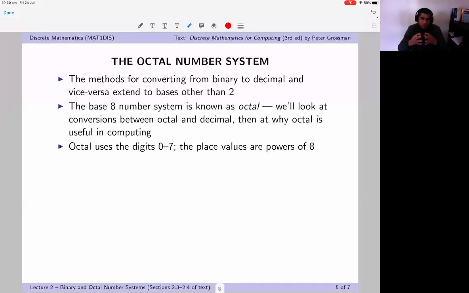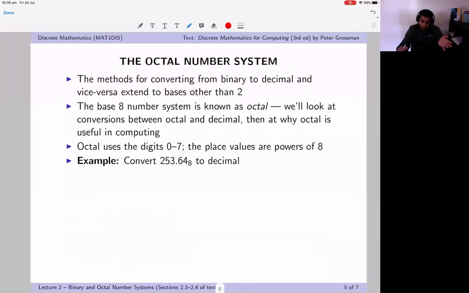So what is octal? Octal uses the digits 0, 1, 2, 3, 4, 5, 6, 7. That's it, right? 7 will become 0 again, so you are not allowed to go further than that. Just like in base 10 you have 0 to 9 distinct digits, similarly with 8 you have 0 to 7. The place values are powers of 8 now.